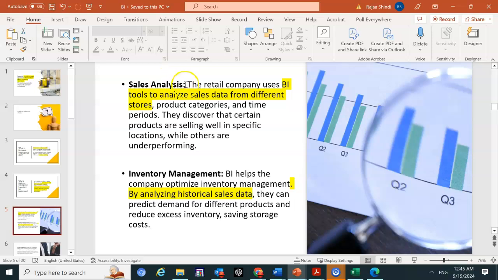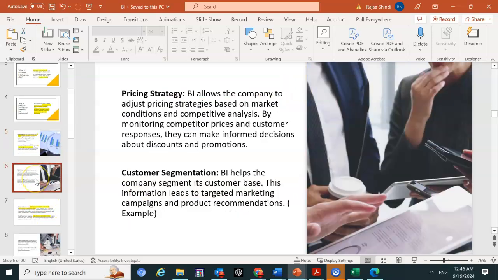Examples: sales analysis, where the retail company can use a BI tool to analyze sales data from different stores. Another is inventory management, where BI can help the company optimize inventory, knowing ahead of time what they have in inventory and the best way to maintain it. The other is pricing strategy.